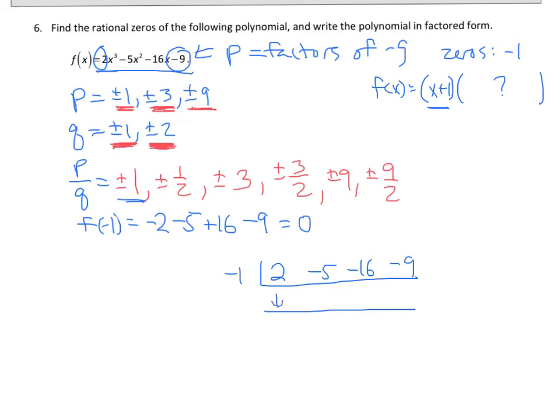I bring down the 2, and I multiply. Negative 1 times 2 is negative 2. I add. Negative 5 plus negative 2 is negative 7. I multiply. I get positive 7. I add, and I get negative 9.